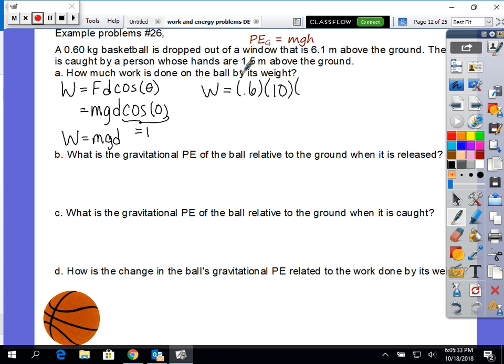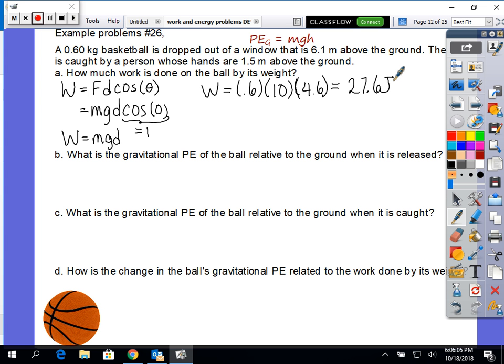The direction is taken into account with the angle, so we just need the magnitude of the displacement, which will be 4.6 meters. If we multiply that together, we get 27.6 joules. 27.6 joules of work is done by gravity on the ball.